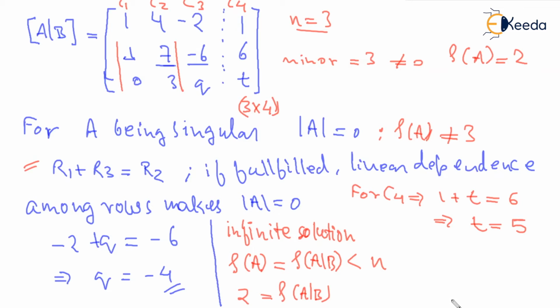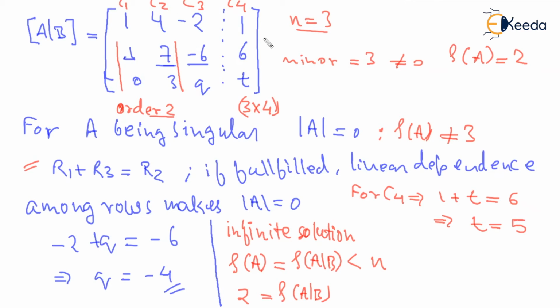Why will it be 2? Because for this 3 cross 4 matrix, this minor of order 2 belongs to A and also belongs to A augmented B, right?